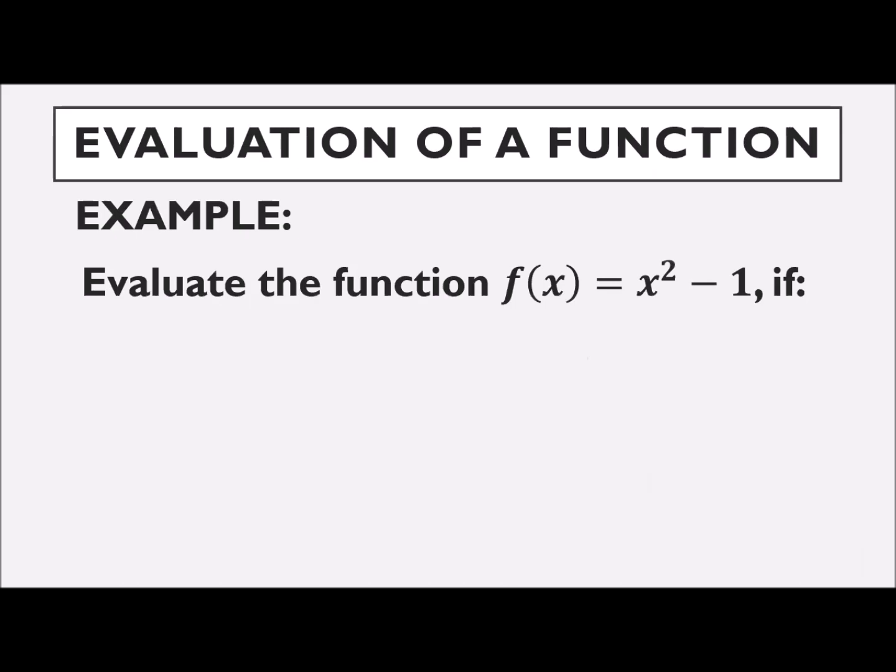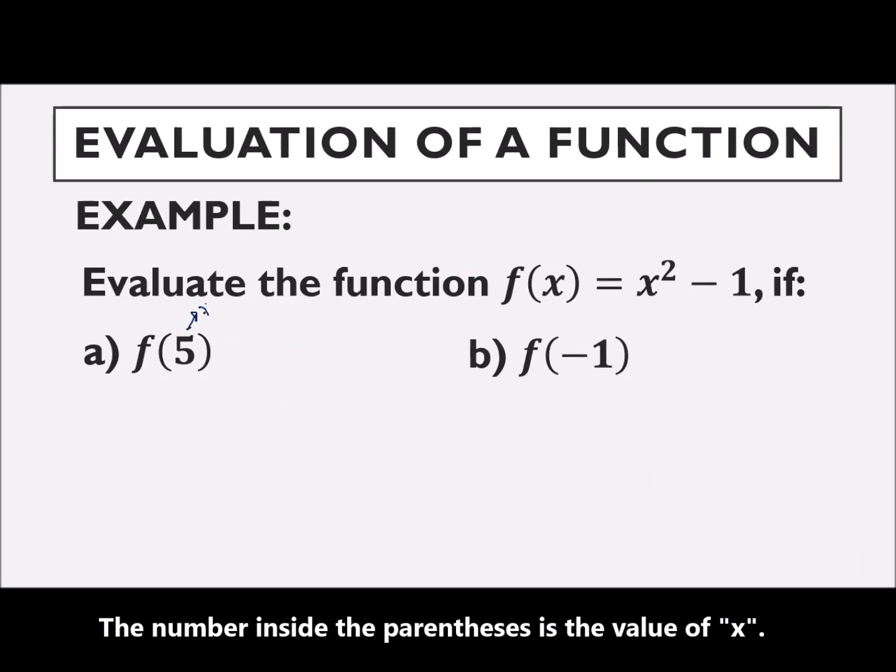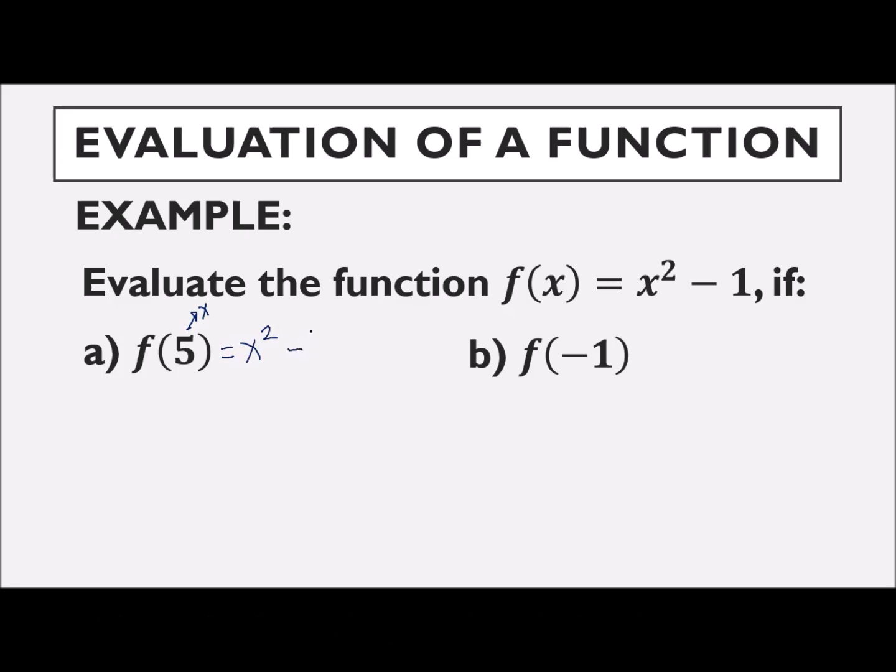Evaluate the function f of x is equal to x squared minus 1 if, letter A, we have f of 5, and letter B, f of negative 1. Let us try first f of 5. The 5 here represents the value of x. Copying the function, we have x squared minus 1.